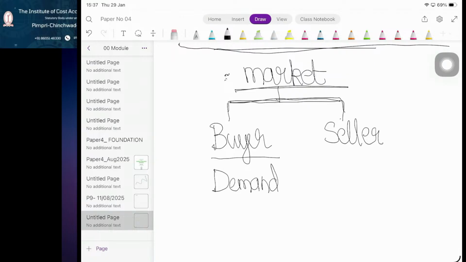If demand comes from buyers, what comes from the sellers? Demand comes from the buyers. Already I think online somebody has given the answer. What would this be? Supply, correct, absolutely.